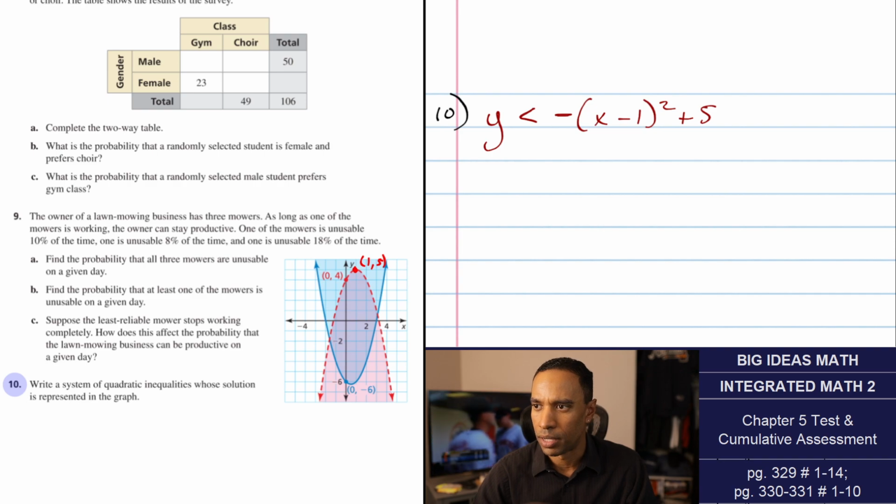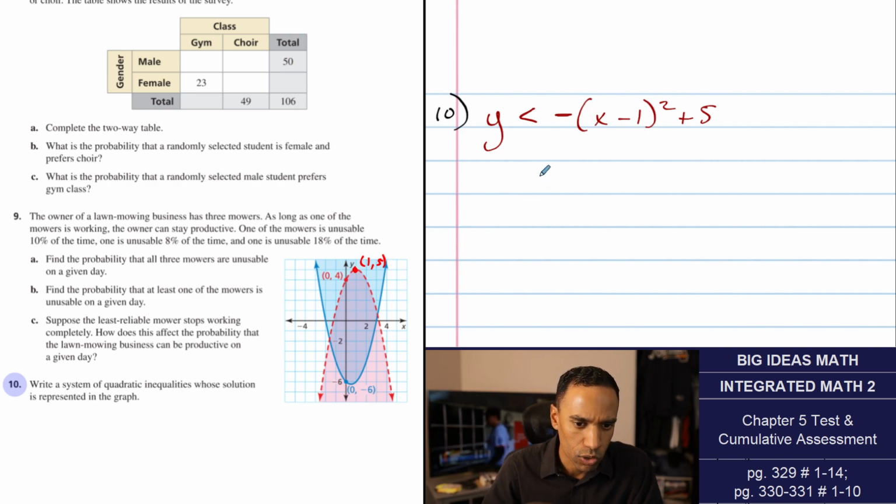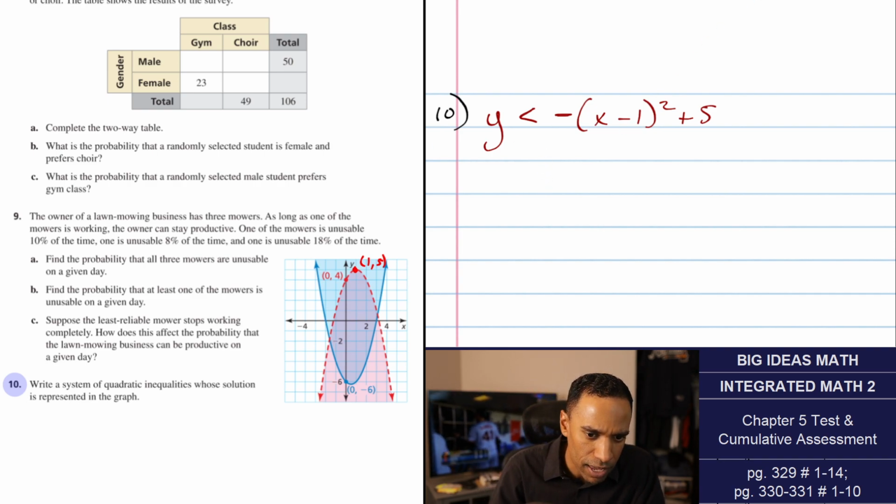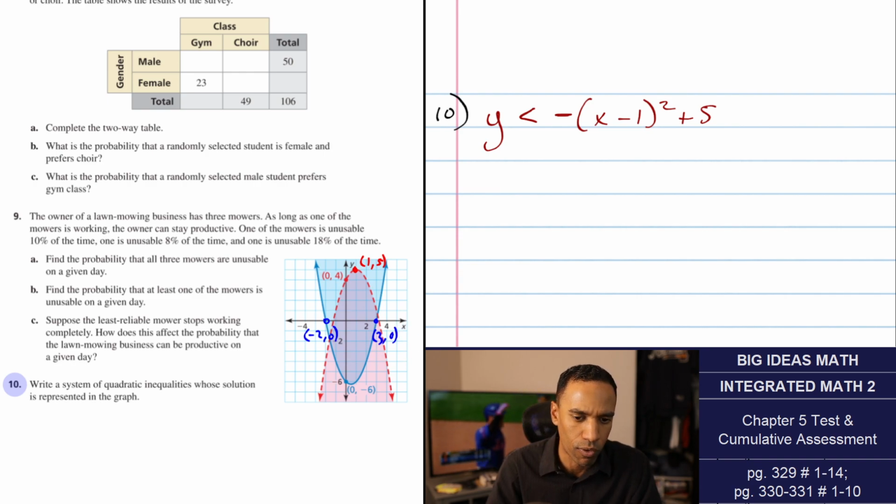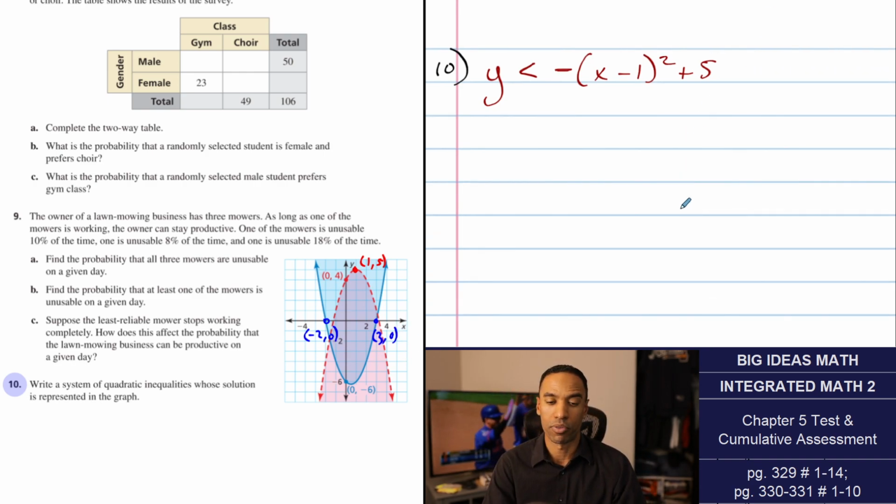The blue one, we're going to have to do a little bit more there. I see an intercept here and here. This one is at negative 2, 0, and this one is at 3, 0. We don't have to write it in vertex form. In fact, I can write them both in standard form later.